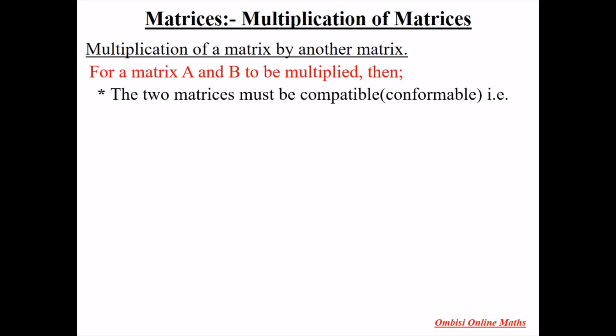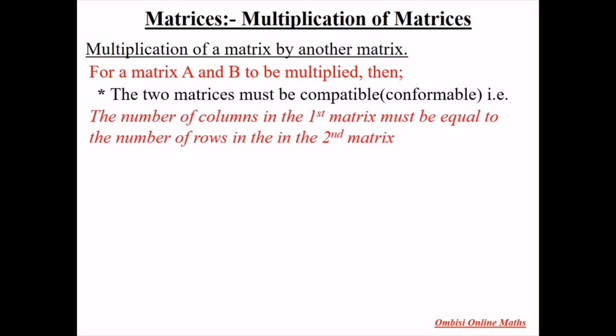That means the number of columns in the first matrix must be equal to the number of rows in the second matrix. Remember, we said a matrix is defined by the number of rows and the number of columns.